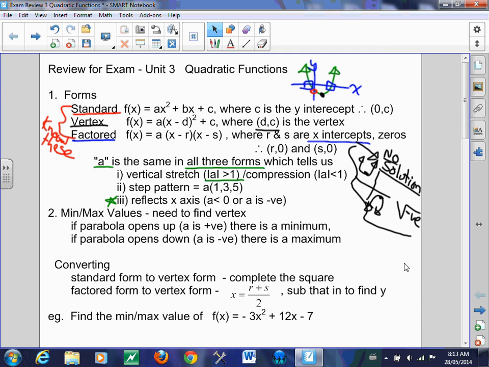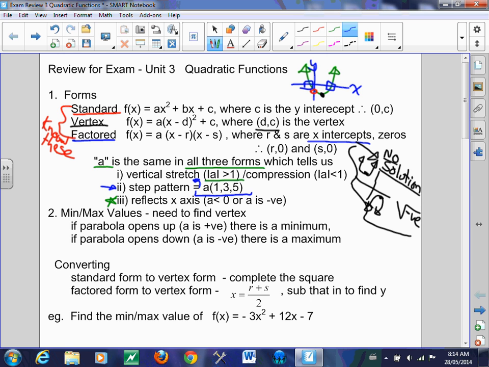Also remember, folks, that if you're graphing a quadratic, it's easy to remember the step pattern, a times 1, 3, 5. If I ask you for transformations, don't just tell me the step pattern. For example, if a equals 2 and the step pattern is 2, 6, 10, you could identify that, but then tell me that it's a vertical stretch by a factor of 2.